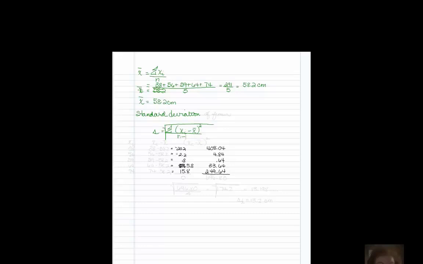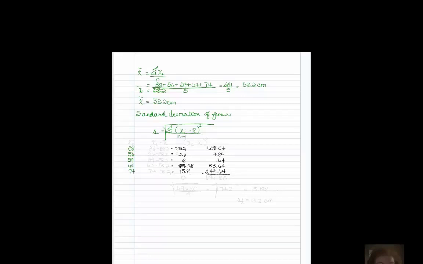So let's go ahead and set up a table, and I'm going to put my values for my femur. So I'm going to put my values here: 38, 56, 59, 64, 74.